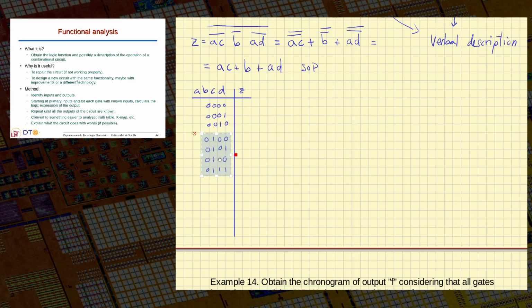Fortunately, I can move it here. 0, 0, 1, 1, 3, 4, 5, 6, 7, 1, 0, 0, 0. One, one, one, 0, 1, 1, 1, 1.